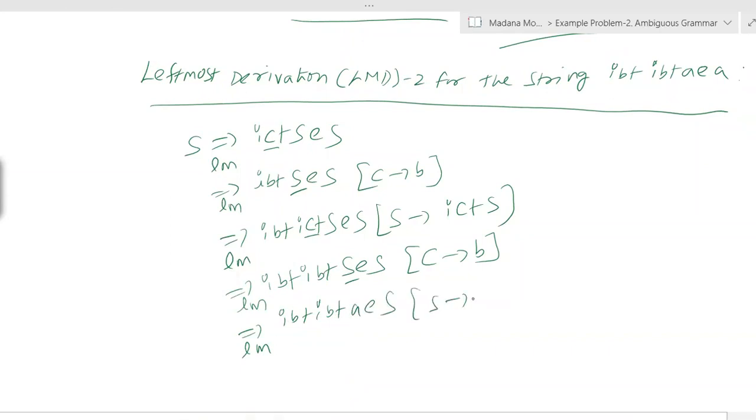Here what is the substitution we used? S derives A. At last only one variable is there, S again, that is substituted by terminal A only. Here what is the substitution we use? S derives A. Now you can see IBTAEA. This is our required string.